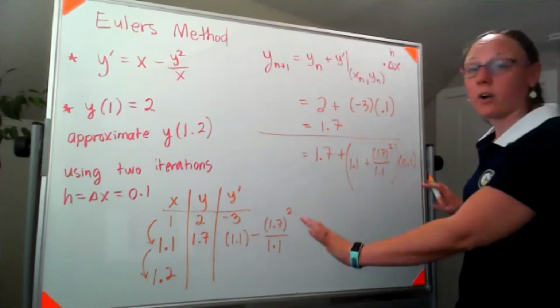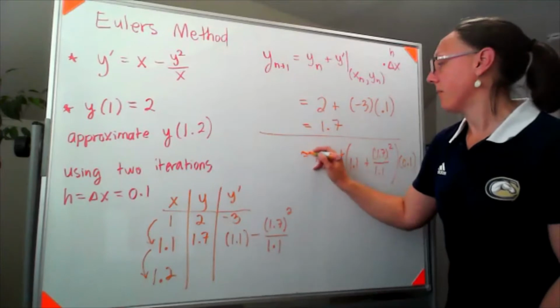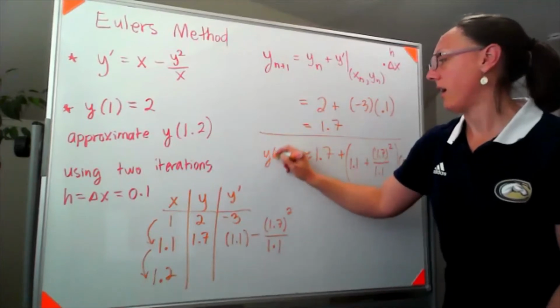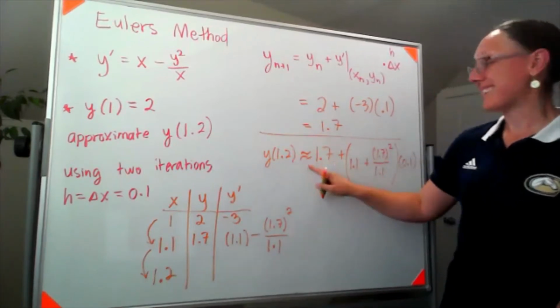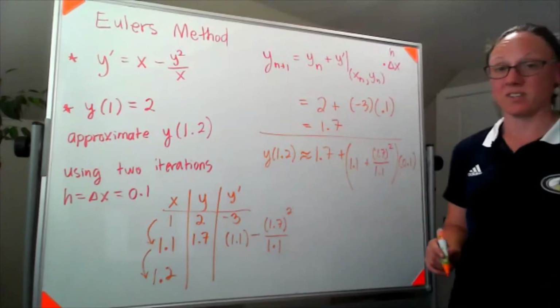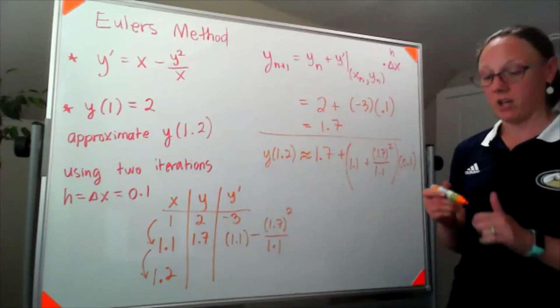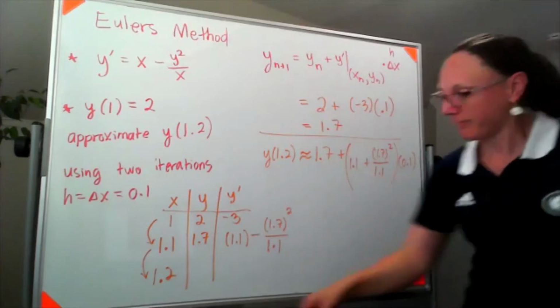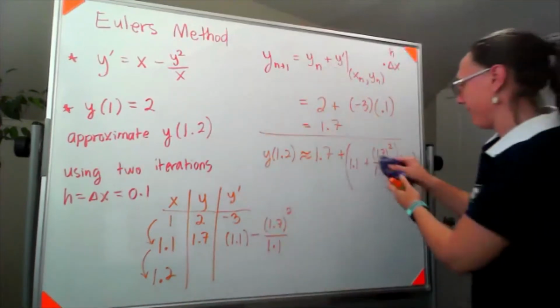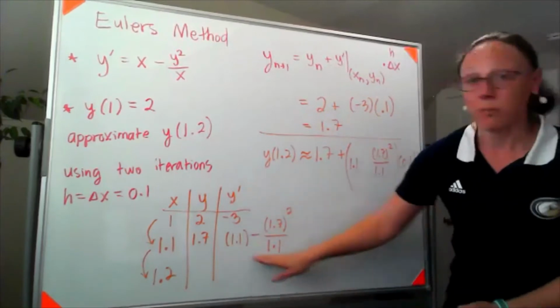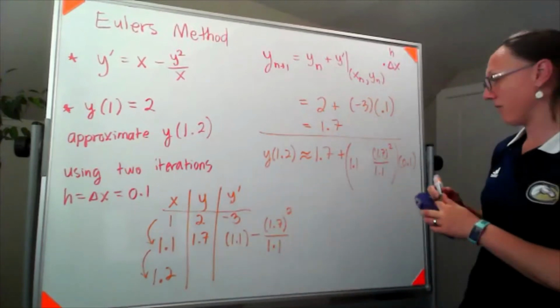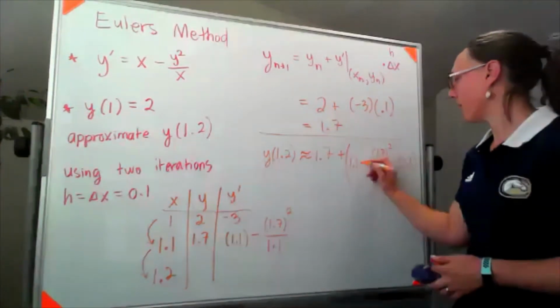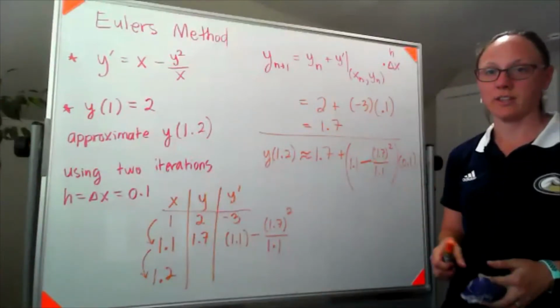And we are going to walk away and say that y of 1.2 is approximately equal to this. Don't simplify. Oh, someone just said I'm missing a minus sign. Thank you. When I copied our value for the derivative over, there should have been a minus sign. Thank you for catching that.